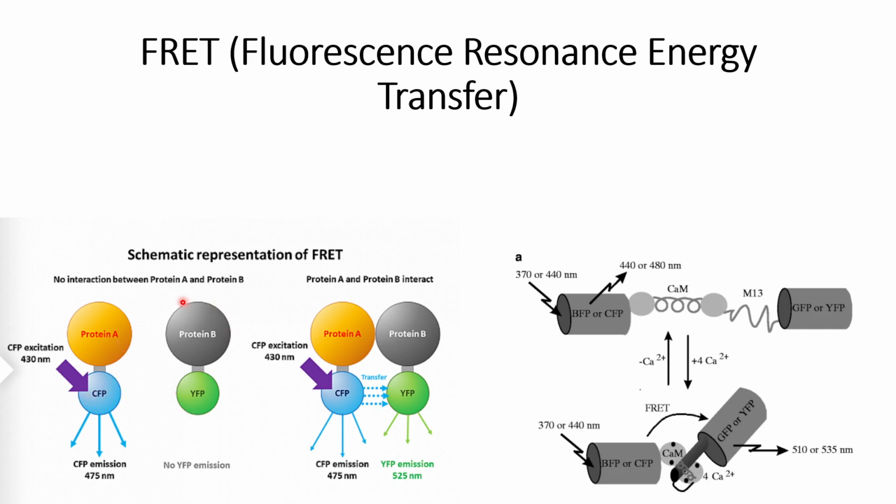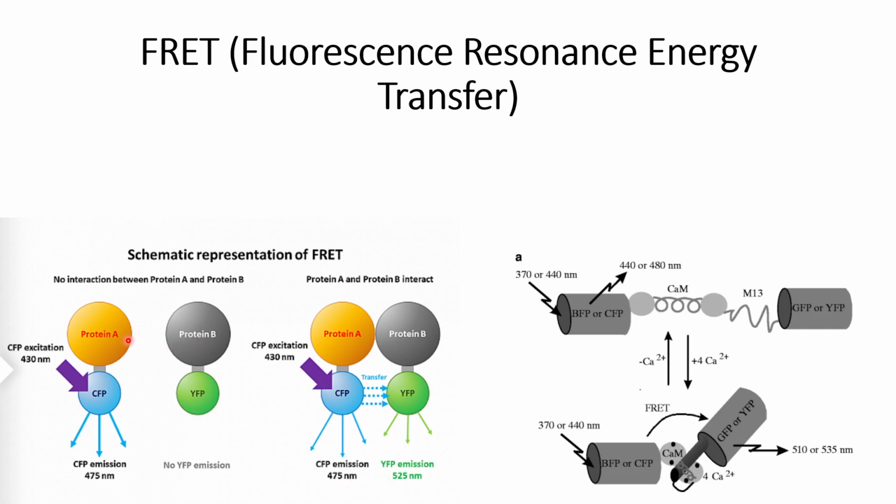However, protein B has this YFP, and the condition of this YFP is that it will get excited by this 475 nanometer fluorescence, and then it will emit fluorescence at 525 nanometer.